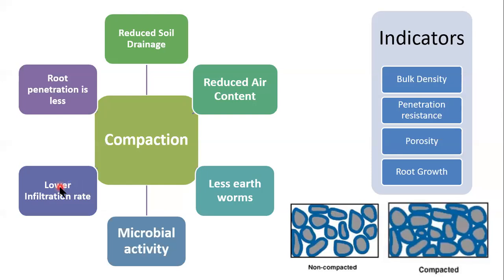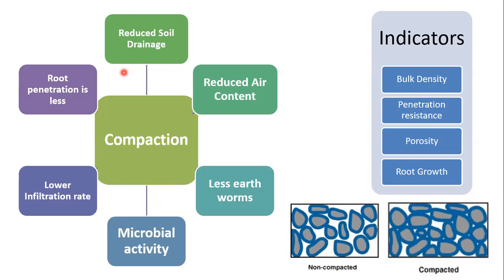Water infiltration is very low because we have compaction, and the conductivity of water is very less. Then we have less root penetration, because when you have fewer pores, the plant roots will not get space to get into the soil, and then we have reduced drainage.